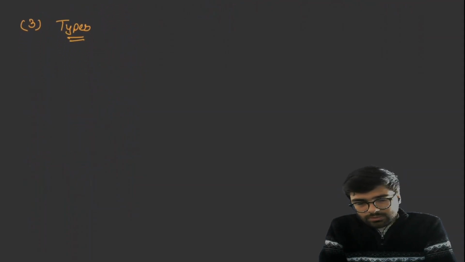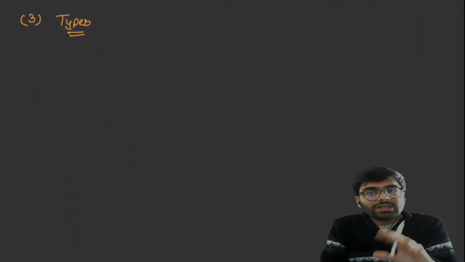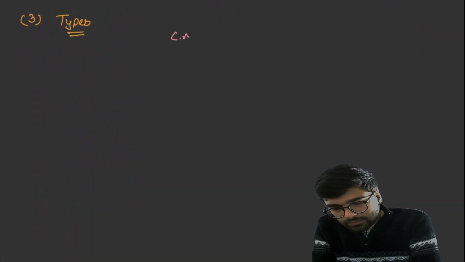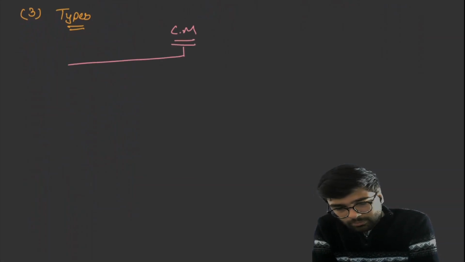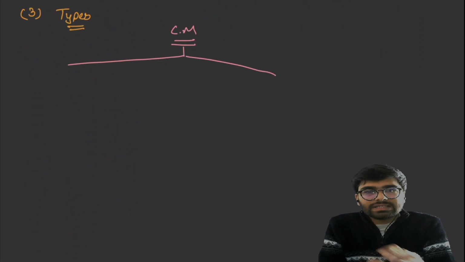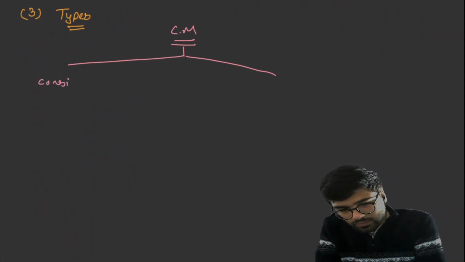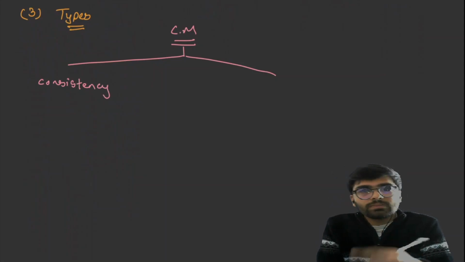Now, the most important thing, which is also separately asked as a short note, is types of culture media. So we can divide culture media into two main classifications. That is classification based on consistency and classification based on properties.